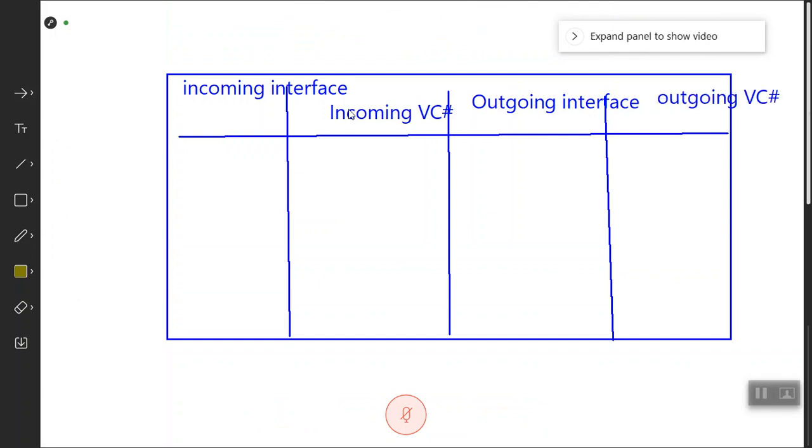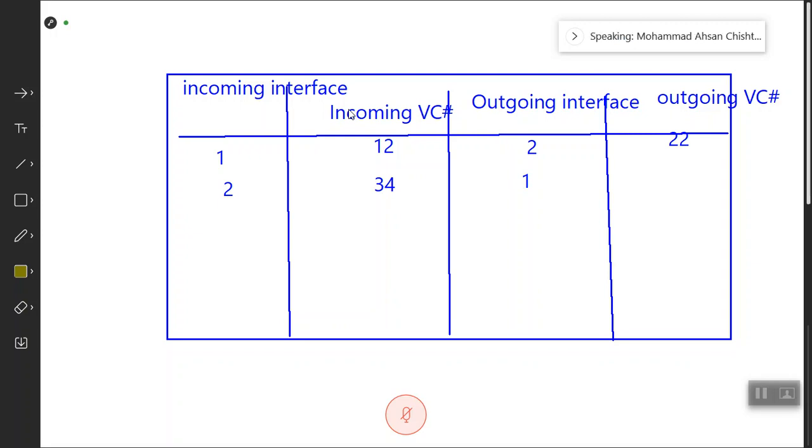So what we have here is basically, if we have interface 1, incoming was 1, 2, outgoing interface 2, outgoing virtual circuit number we gave 2, 2. Likewise, we would have, for example, for the second row, incoming interface 3, 4, something like that, outgoing interface 1, outgoing virtual circuit number 7.